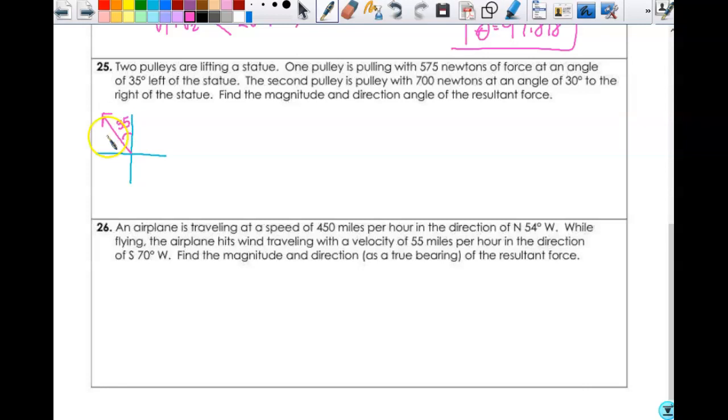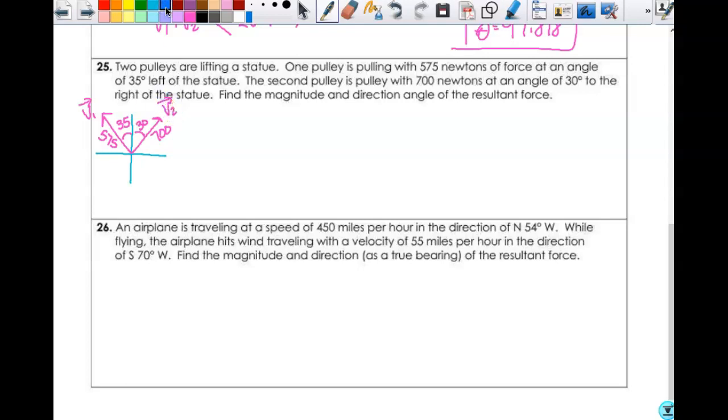This is 575 newtons. We will make this vector 1. Then second pulley 30 degrees to the right. So this is 30. This is 700 newtons. And we will make this vector 2.